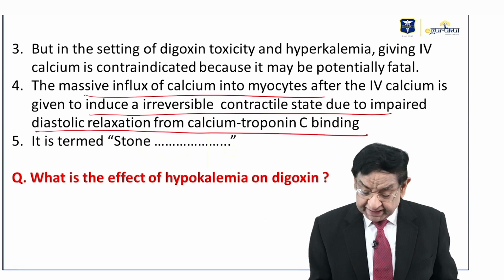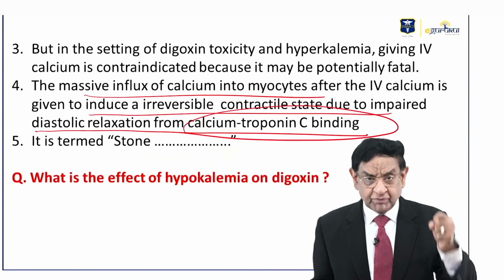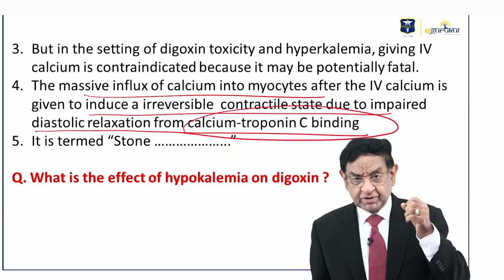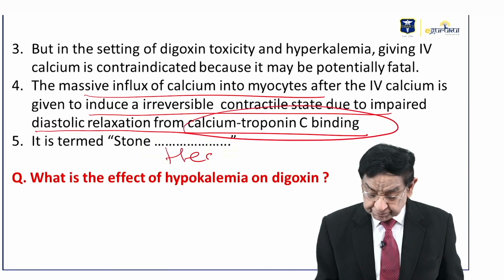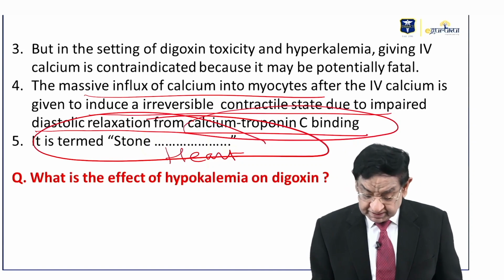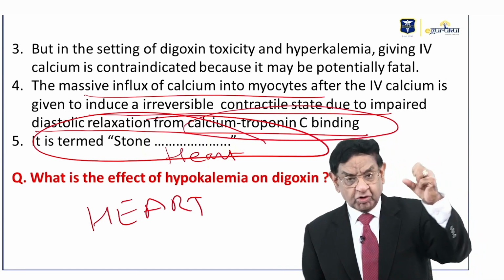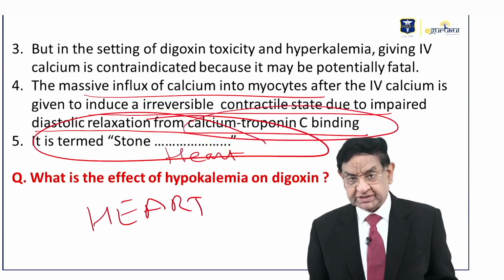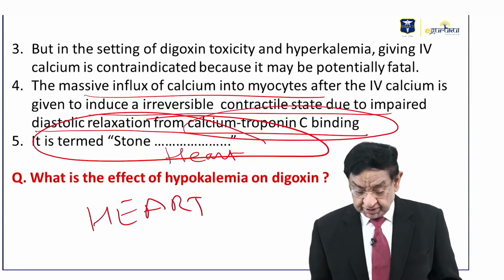This is a binding protein, it's a contractile protein. It will keep on always contracting, so it will not relax, and this is known as stone heart. So stone heart is the heart, just like stone, the cardiac tissue is always contracting, no relaxation, so that can induce the state of stone heart.